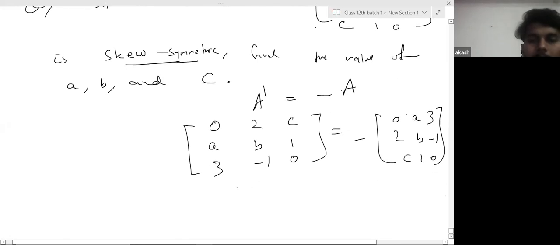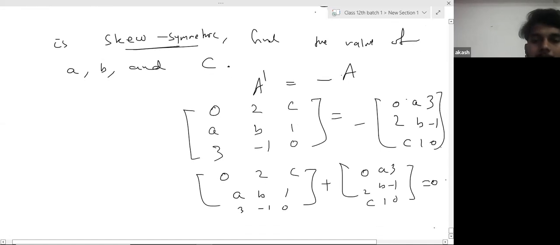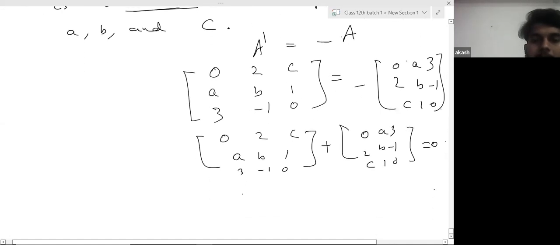You can take this matrix to this side. So this will be 0, 2, C, A, B, 1, 3, minus 1, 0, plus A, 3, 2, B, negative 1, C, 1, 0 is equal to 0. All right. You can add these two matrices.